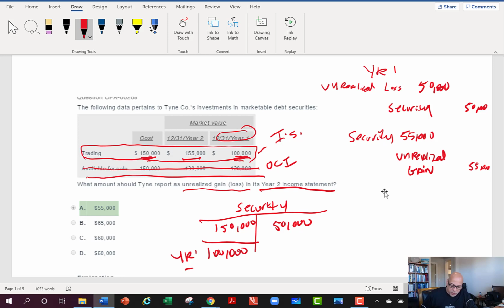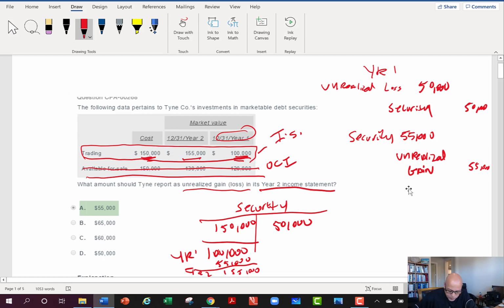Okay, and so what happens when I debit the security for 55,000? We now see how the security ended up getting reported at 155,000 at the end of year two through that set of journal entries, right?